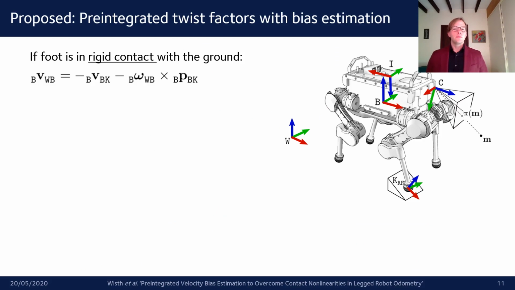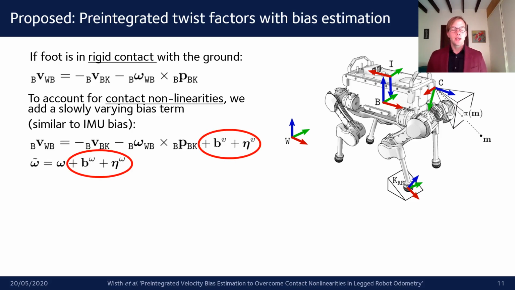As mentioned before, in traditional kinematic odometry, when the foot is assumed to be in rigid contact with the ground, the velocity of the robot is simply equal to the opposite of the foot velocity plus some angular velocity terms. To account for contact nonlinearities, we extend this measurement model with a slowly varying bias term.